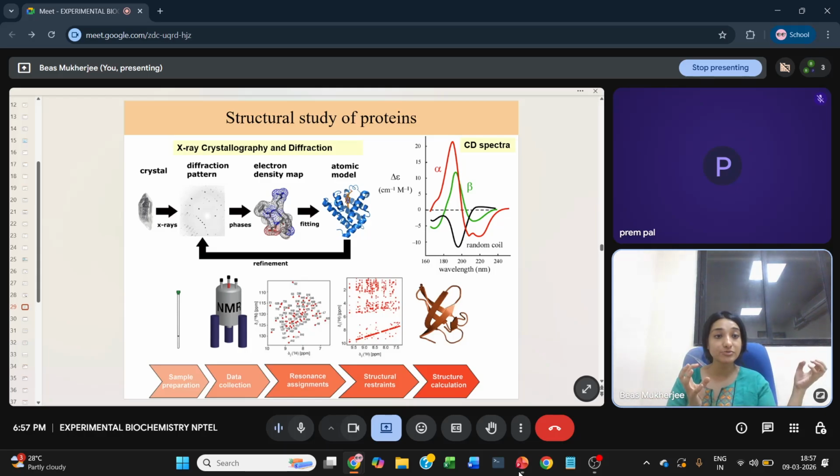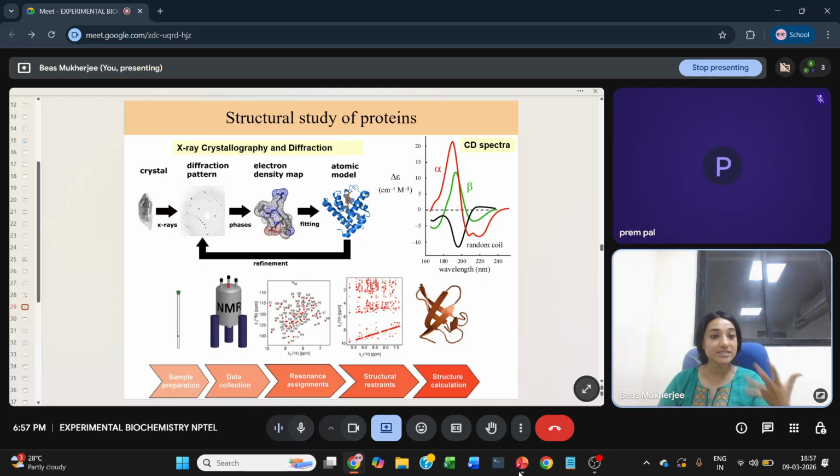This crystal is subjected to X radiation, and the lattices in the crystal diffract the X-rays, and this diffraction pattern is taken on a map. This is called the electron density map. Basically every atom is diffracting the X-rays in different directions, and that is giving you this image of the electron density map.